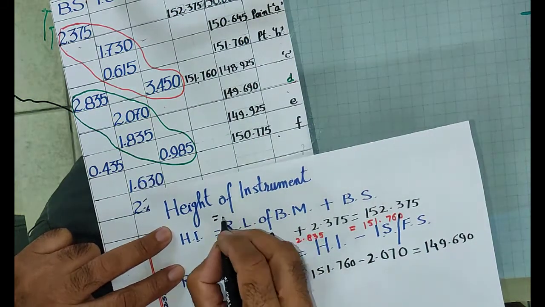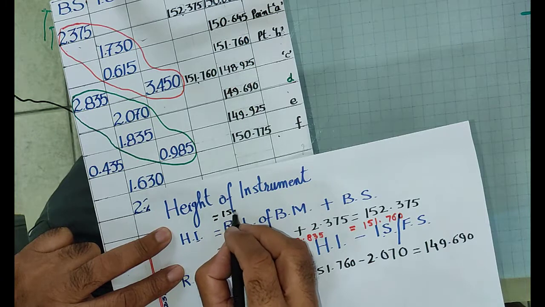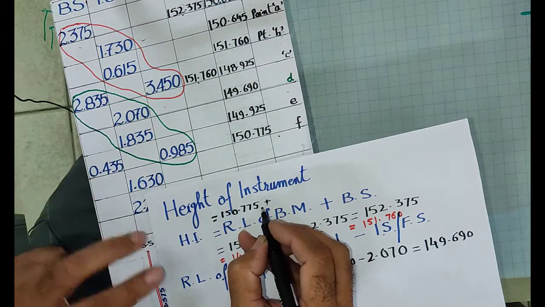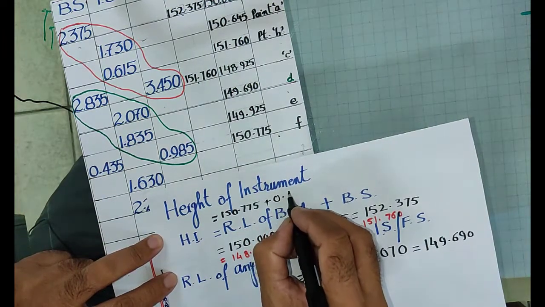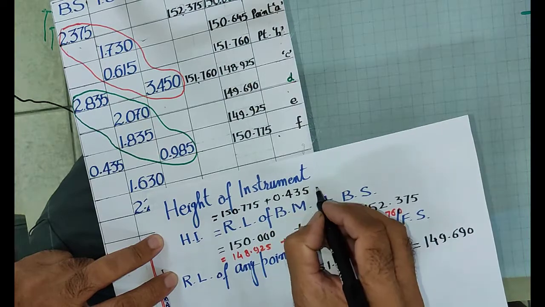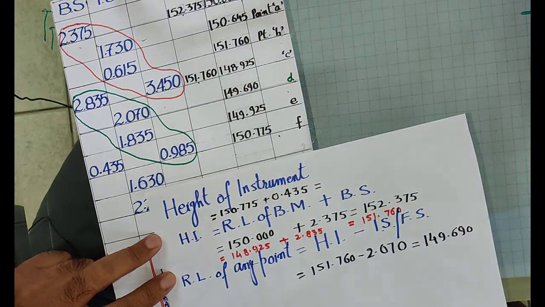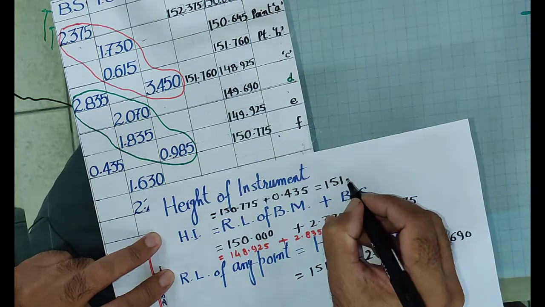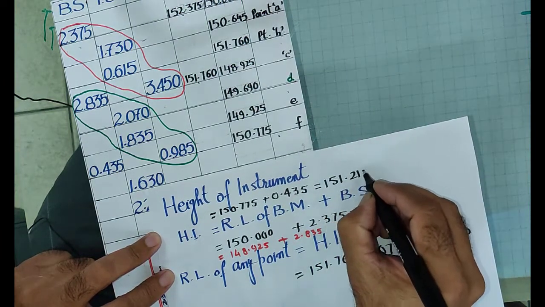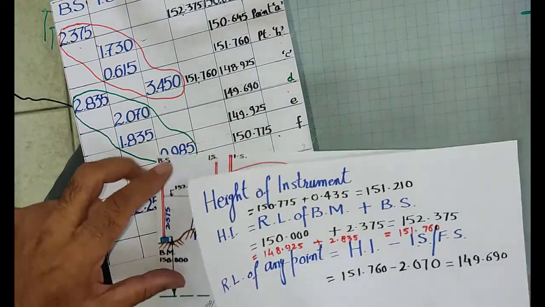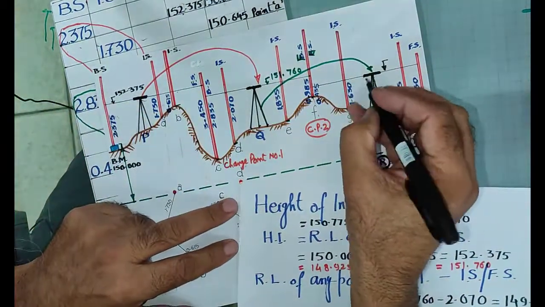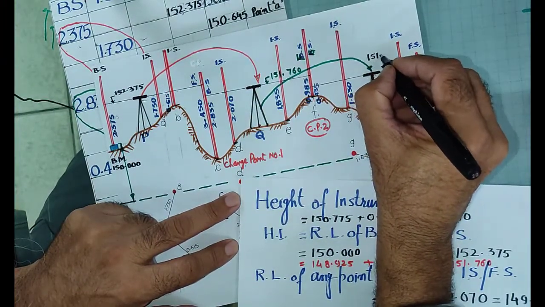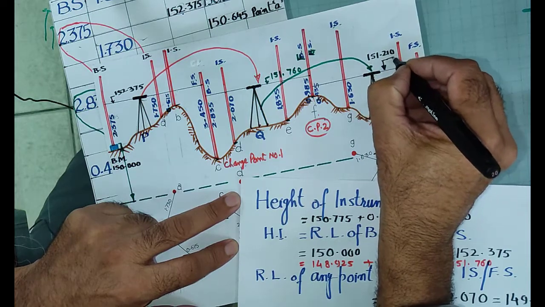RL is 150.775 plus back side 0.435. This will be my third height of instrument. This comes to be 151.210. So my new height of instrument for the third setting is 151.210.